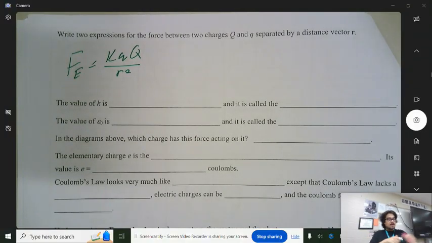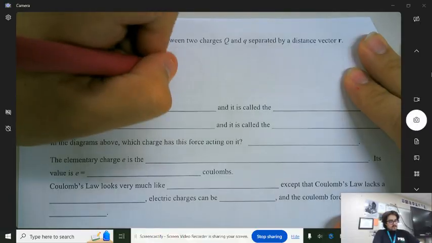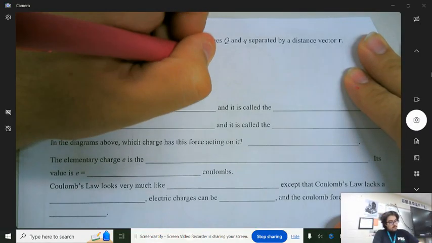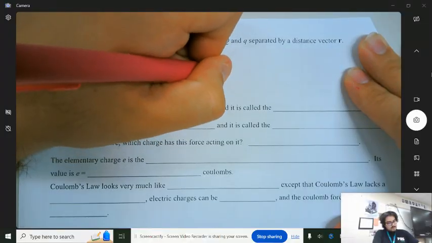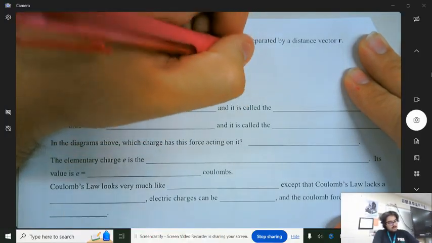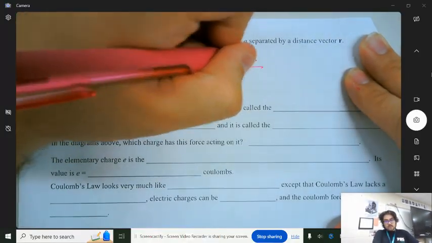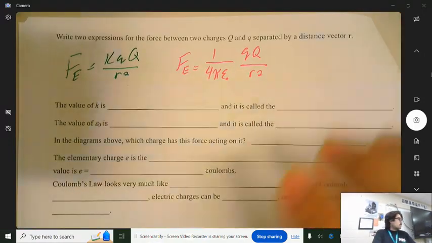But you should know little q, big Q are the two charges that we're trying to find the force between, okay? Another way to express this is the electric force is equal to 1 over 4 pi epsilon naught, okay, times q Q over R squared, okay?